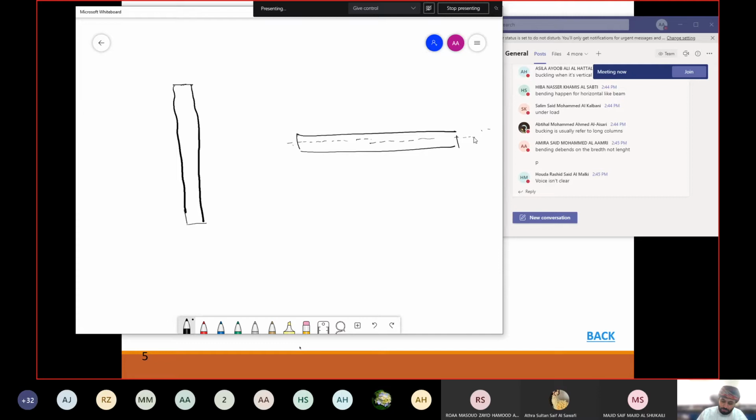So this is going to be your major, and this is going to be your minor. Now, when we go to the column, it is going to be shifted. So we have the major axis here, and we have the minor axis here.